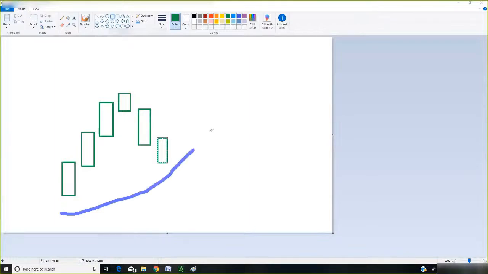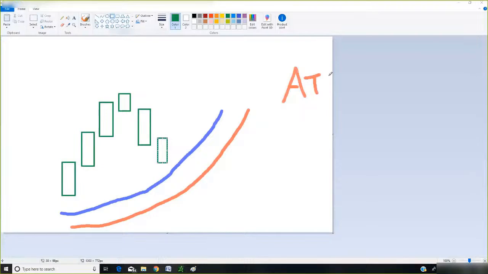Blue line's going up, red line's going up. Everybody good so far. Perfect. Higher high, 2 to 4 day pullback above this blue line. Represents strong trend, right? Now, the ATR, here's the next big thing. The ATR is the average true range.